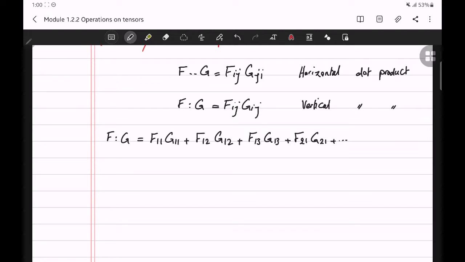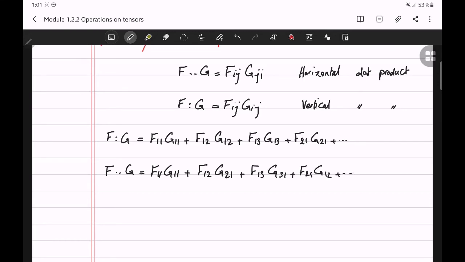And for the horizontal double dot product, F double dot G is F11 G11 plus F12 G21 plus F13 G31 plus F21 G12 plus the rest of the terms.